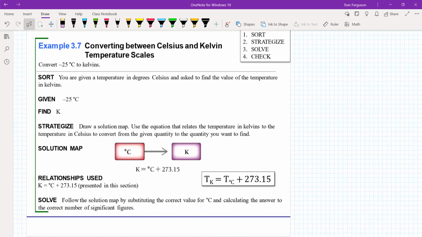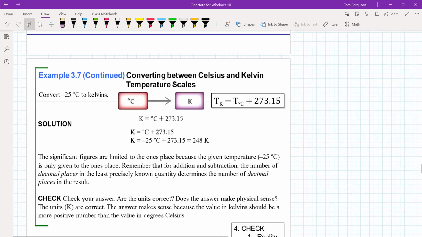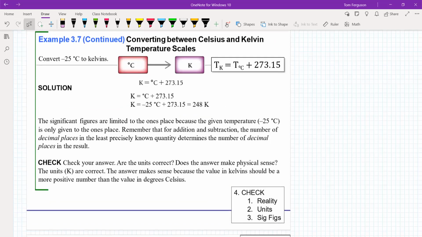The harder one is going from Celsius to Fahrenheit. Then you have to subtract 32 or add 32, and there's a ratio you have to do. Now, in my class, I don't like to go from Fahrenheit to Celsius or back and forth, because in chemistry you're never going to use Fahrenheit.